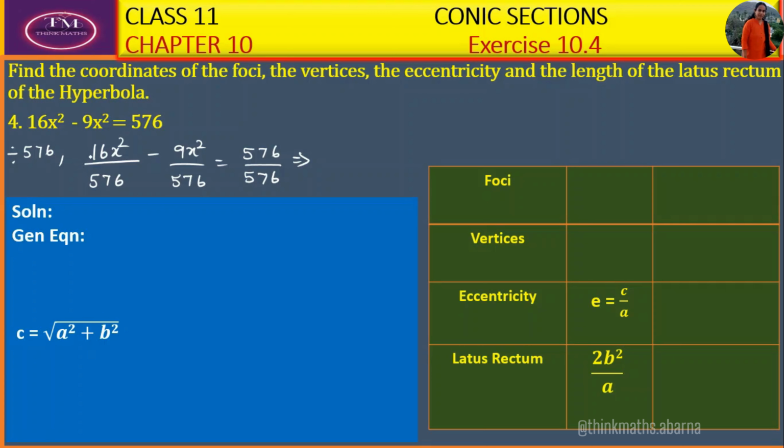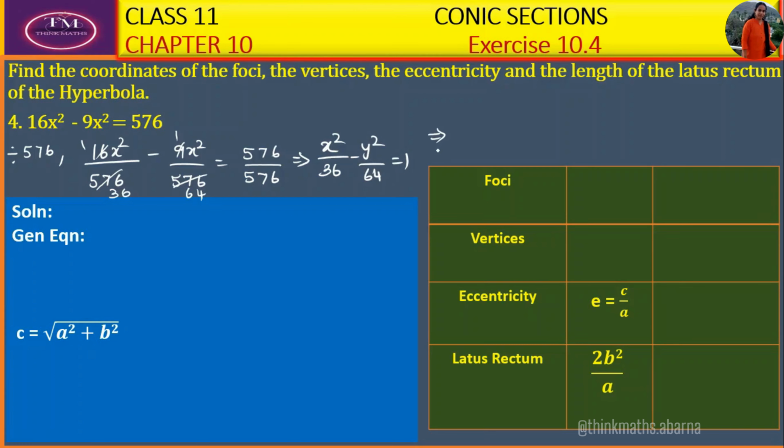So this 576 is a multiple of 16. So it is 36 times, and for the 9, 6 nines are 54, balance 3, so 4 nines are 36, so it is 64. So it will be x square by 36 minus y square by 64 equal to 1.